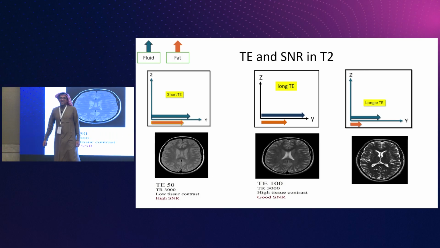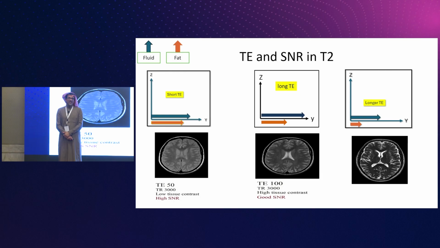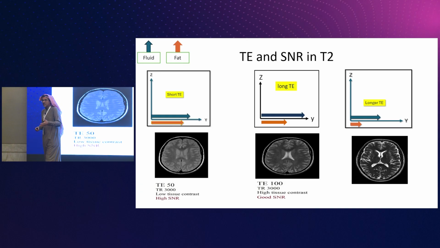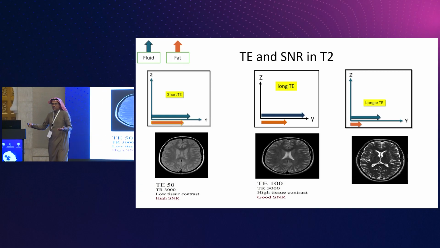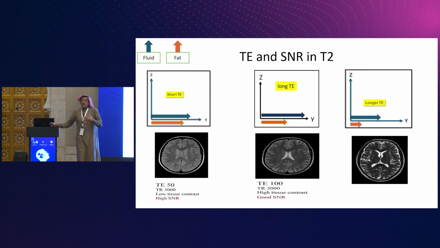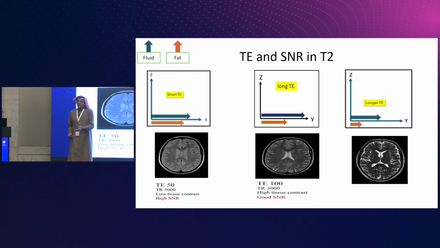By the way, what's the value of long TE? When we say TE, as in T1, it's up to 30. And T2, it's up to 140. 140 in FLAIR. So when we say long TE, it's more than 180.